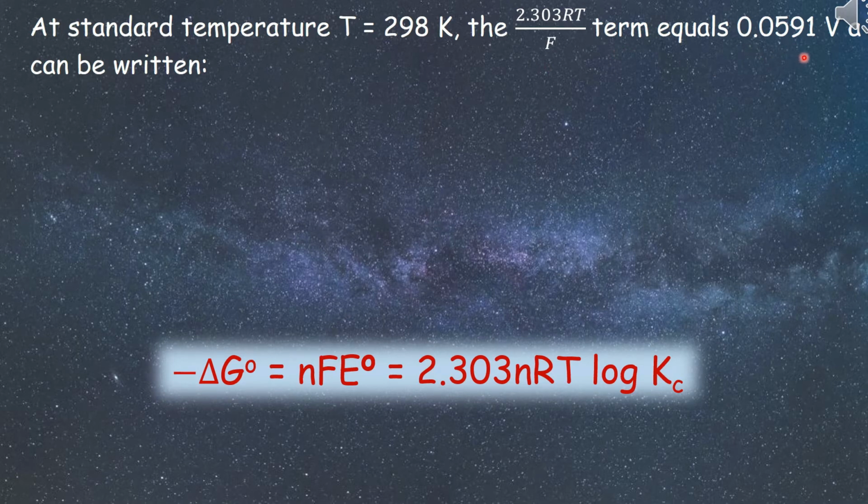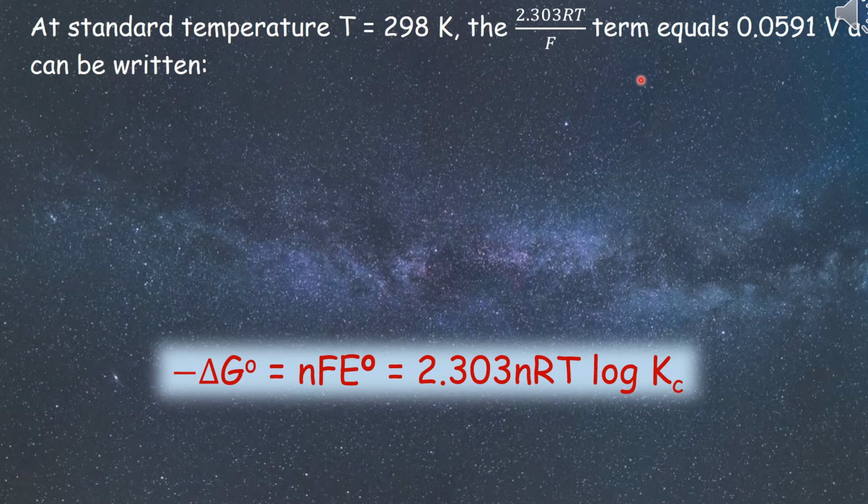R is the universal gas constant, 8.314, temperature is fixed at 298 Kelvin, and F, you know, is 96500. If you get the value out of it, it comes out to be 0.0591 volt.